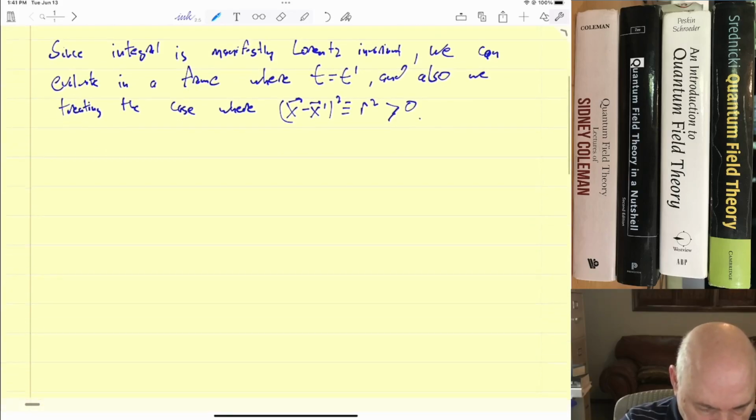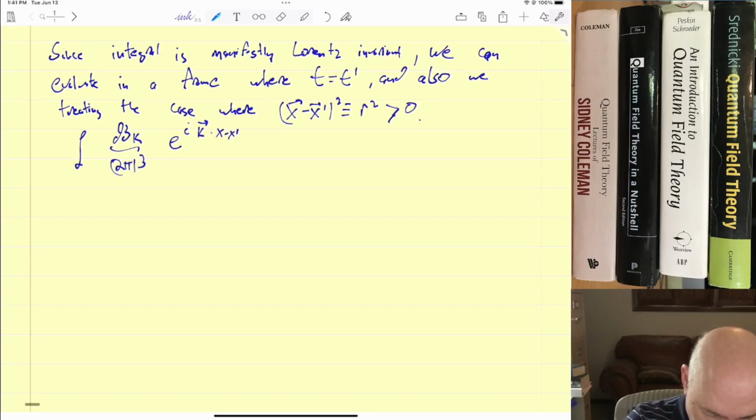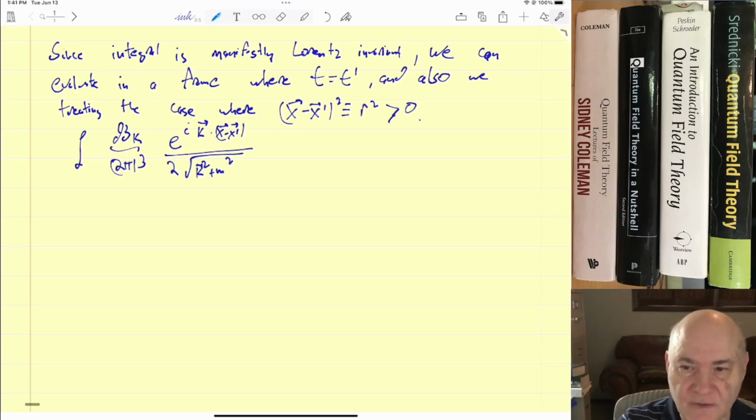Okay. Now, that means the integral becomes the integral of d3k over (2 pi)^3 e to the i k dot (x minus x prime) divided by 2 times the square root of k squared plus m squared. There are 2 ways of evaluating this.